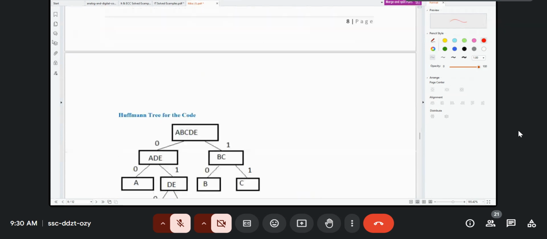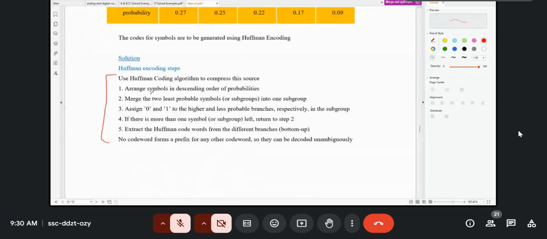So the algorithm is: arrange symbols in descending order of probabilities. You see, like here you are given them already in descending order, so it is easy. You are starting from here.